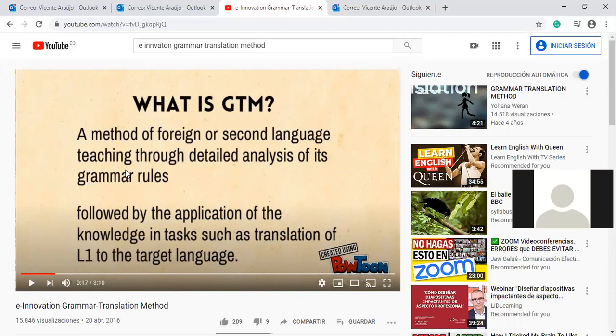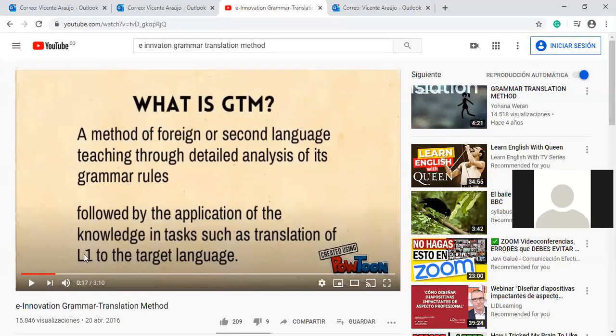So once you have learned the rules, you have to apply these rules where? In a text. How? Translating the text from language 2 to the target language.